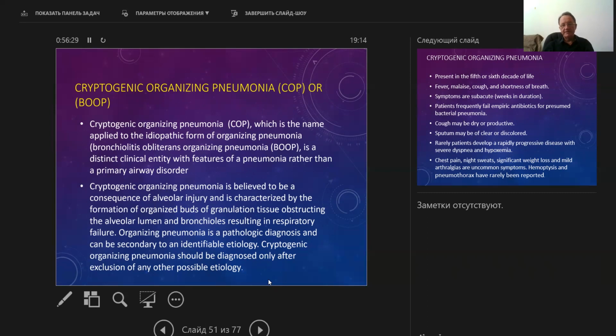After 3 months, we changed the diagnosis to lung carcinoma. That's why we should exclude any causative factor that accompanies the clinical and instrumental signs of organizing pneumonia.